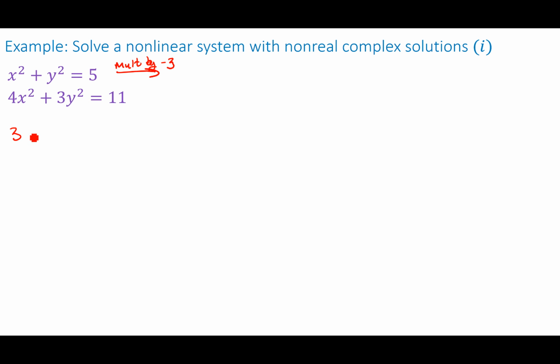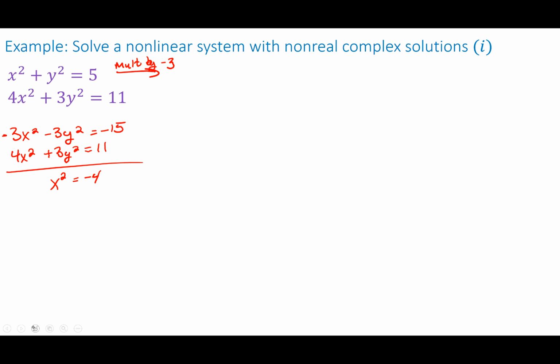So now we have -3x squared minus 3y squared equals -15. Bottom one remains unchanged. 4x squared plus 3y squared equals 11. Add to eliminate, the y's eliminate, and this actually should have been a -3x squared. And so we have -3x squared plus 4x squared would be a positive x squared equals now -4.